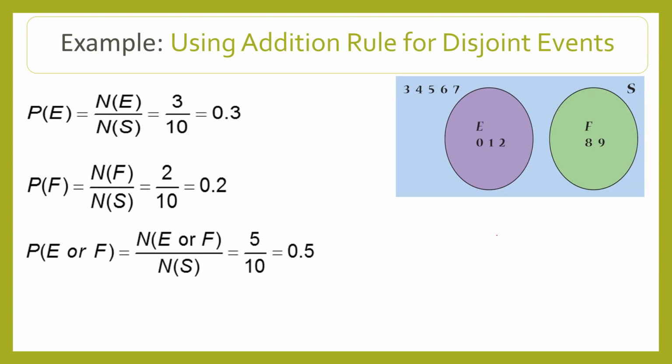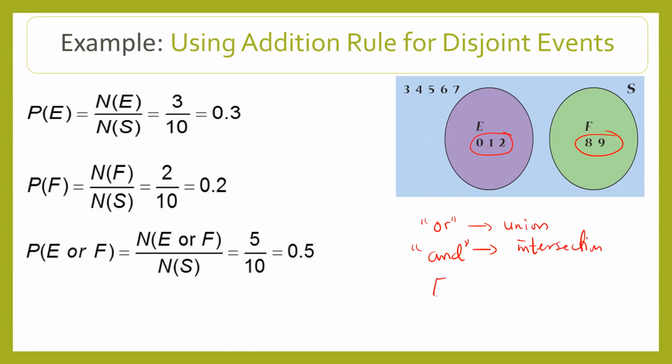Now, probability of E or F, based on the formula we had before, is the number of E or F over the number of S. Sorry, the number of E or F is 0, 1, 2, 8, 9. Again, I want to reiterate that when you see or, this means union, and when you see and, this means intersection.